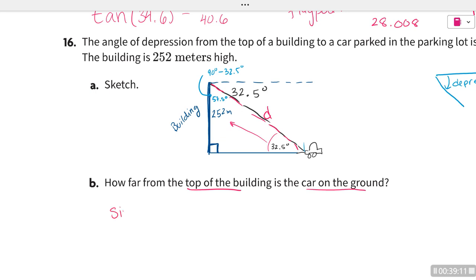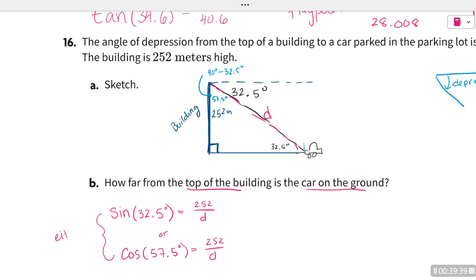I need to use sine of 32.5 degrees is opposite 252 over the hypotenuse, d. Or if I wanted to use cosine, I could say cosine of 57.5 degrees equals adjacent, which is 252, over d. So either works.